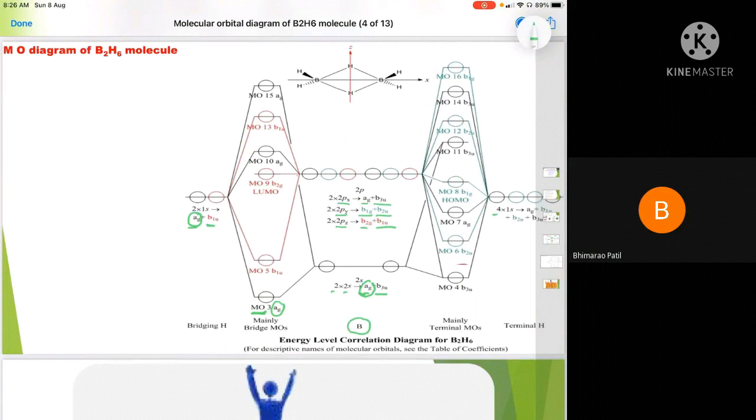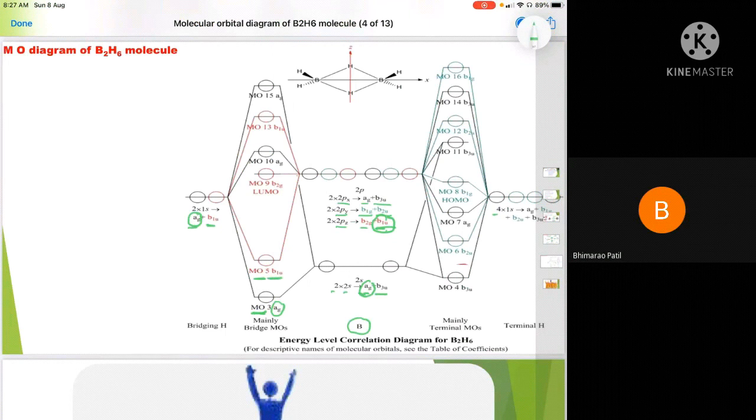Then if you go to the boron, where is the B1u? Here, B1u is here. That is the non-symmetrical one. Then this B1u is combined with the B1u of the boron hybrid orbital to form molecular orbital number 5, that is B1u.